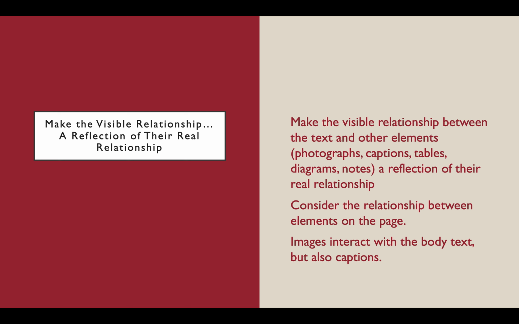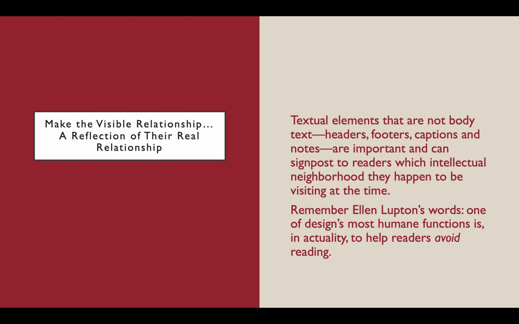So images interact with body text, they interact with captions, they have to sit within everything else you're looking at. And similarly, each part of the text should reference the other parts of the text. Nothing should be an island unto itself. So for things that aren't body text, headers, footers, captions, it's important to signpost to the readers what kind of information they're going to be looking at.